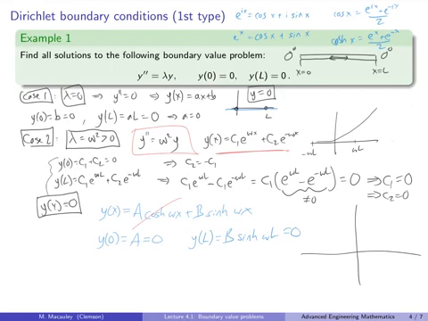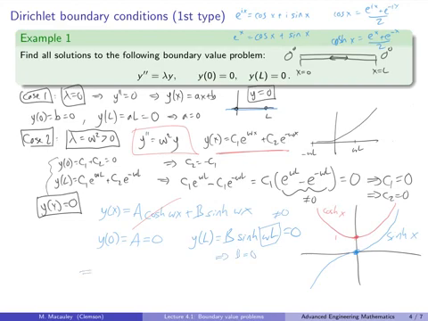And now you should know what sinh and cosh look like. Cosh looks something like a parabola type thing. So this is cosh of x, and sinh looks something like this. The key thing here is cosh of 0 is equal to 1, just like cosine, and sinh of 0 is equal to 0. And these things have no other zeros. So if b times sinh of some number is equal to 0, and this number here we know is not 0 because it's positive, that tells us right away that b has to be 0.